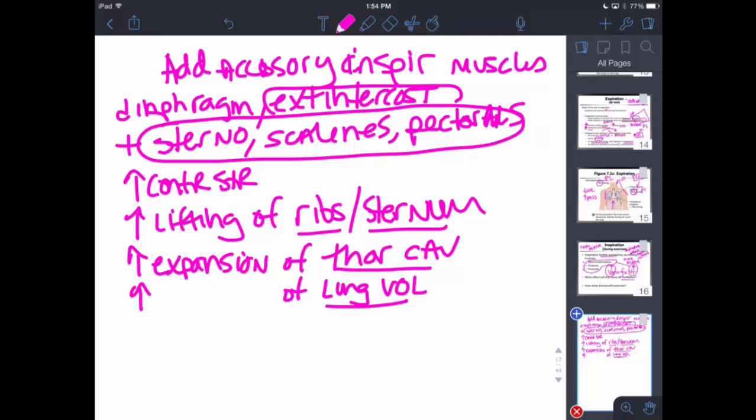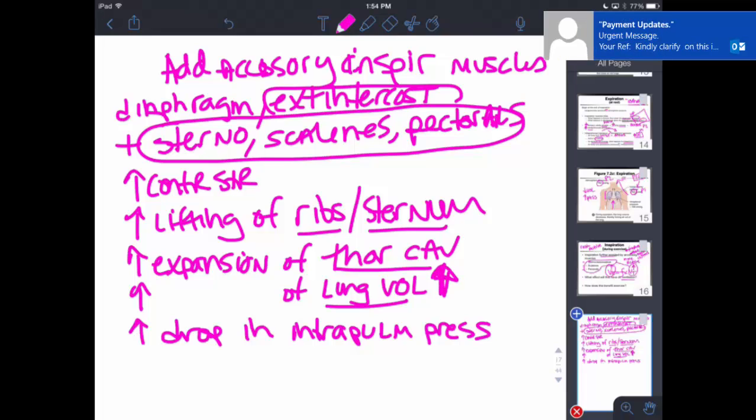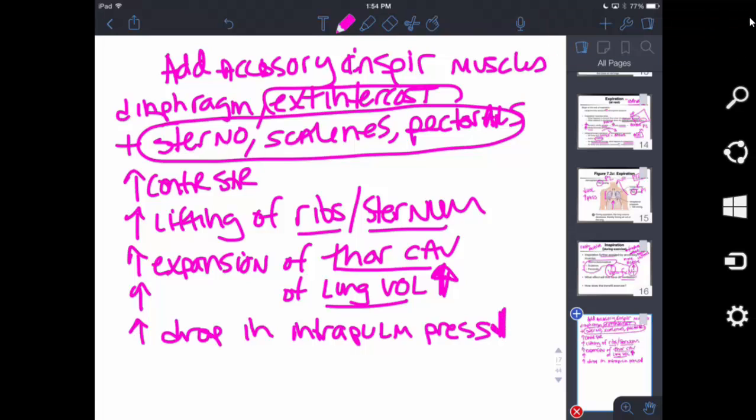And therefore you're going to get a greater drop in intrapulmonary pressure. So more of an increase in lung volume is going to mean more of a decrease in pressure, because of what Boyle says.